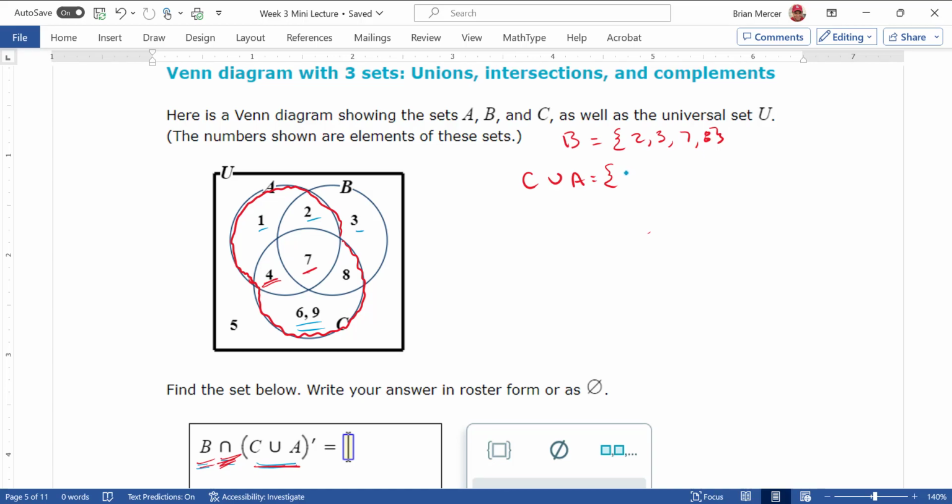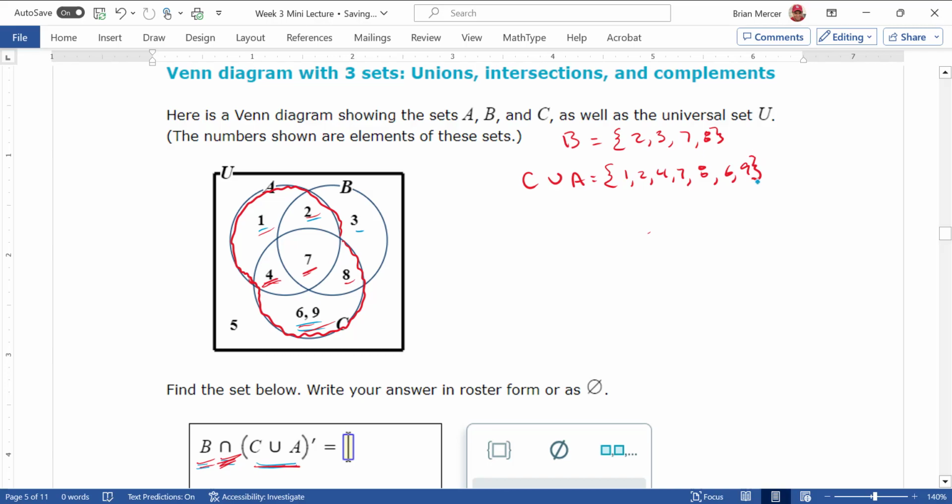So the union is 1, 2, 4, 7, 8, 6, and 9. Yes, I could have written those in order, but I didn't have to. That's everything that's in A or C or both.